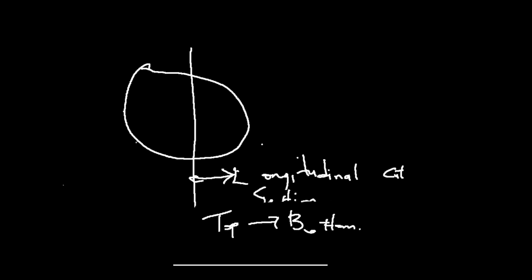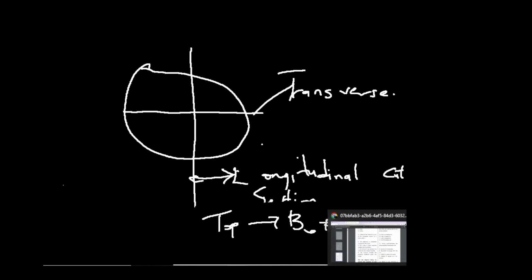Now, if we have it going from left to right, this is an example of transverse. So this is transverse in nature. So when we cut from left to right, we are having a transverse cut.